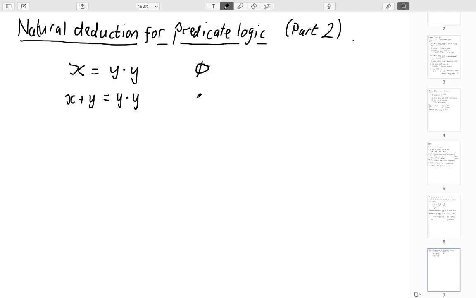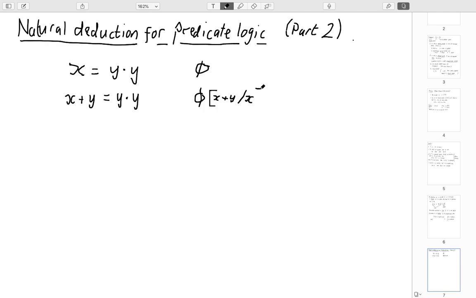And the second formula, well, we get it by taking phi and replacing the variable x with the term x plus y. So we're replacing all occurrences, there's only one, of the free variable x with the term x plus y.